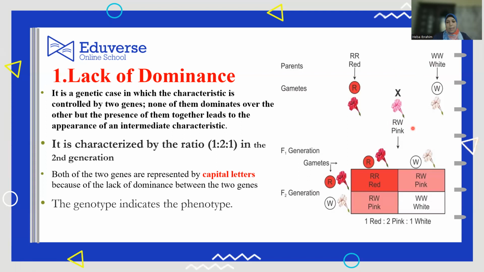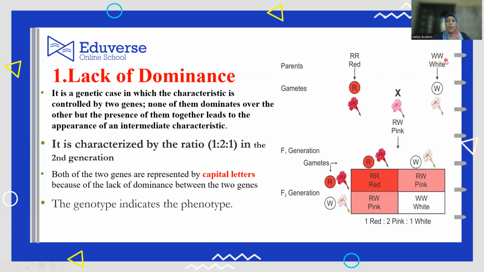Here, if I say that the flower of the Antirrhinum plant is red, can you guess its genotype? Sure. A red flower, in the case of the Antirrhinum plant, has the genotype only capital R capital R. There are no other possibilities. What about the white flower? It will be WW.